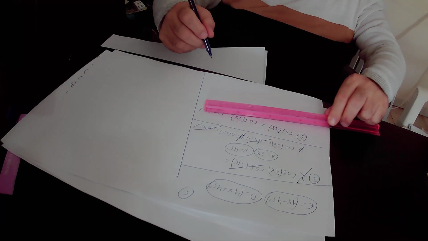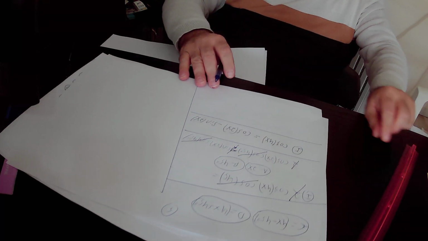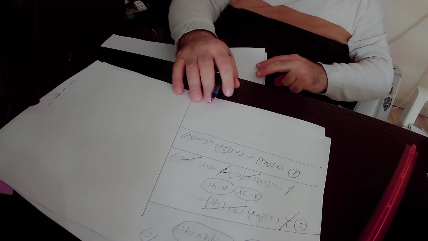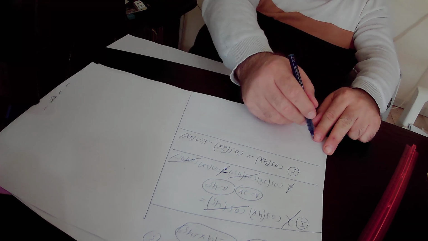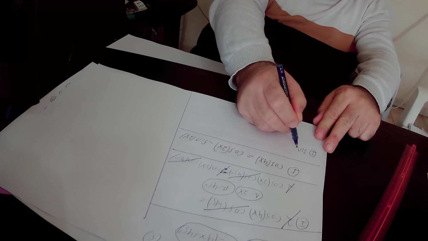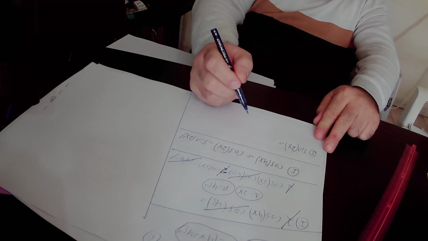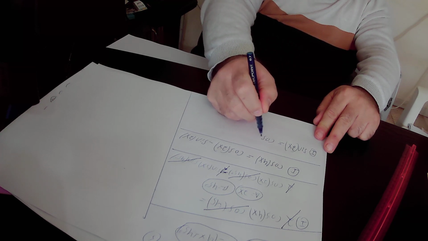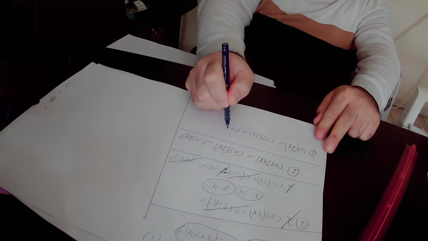So here we will add to this equation number 1 sine 2x, and we will subtract cosine 4x, and we will get that sine 2x equals cosine 2x minus cosine 4x.